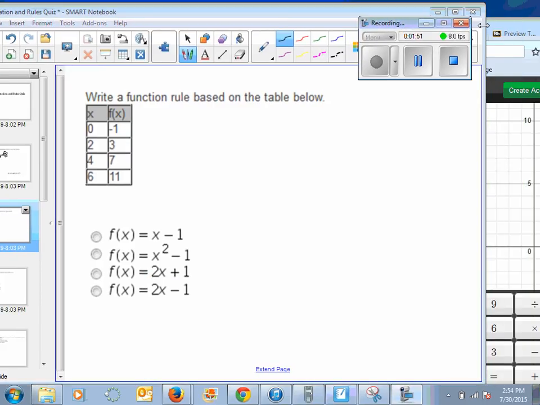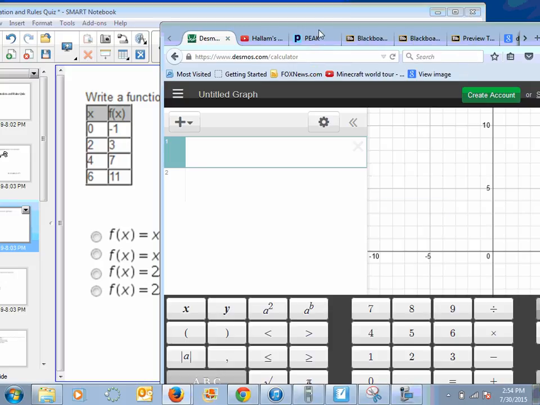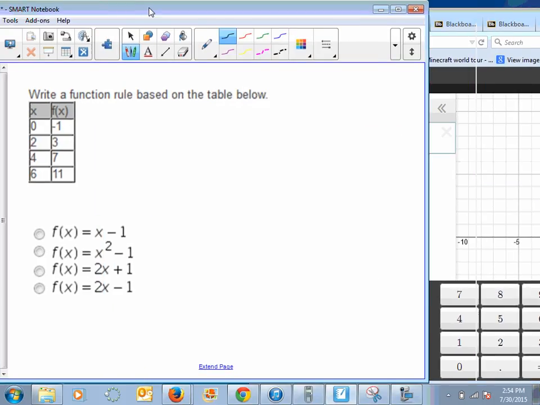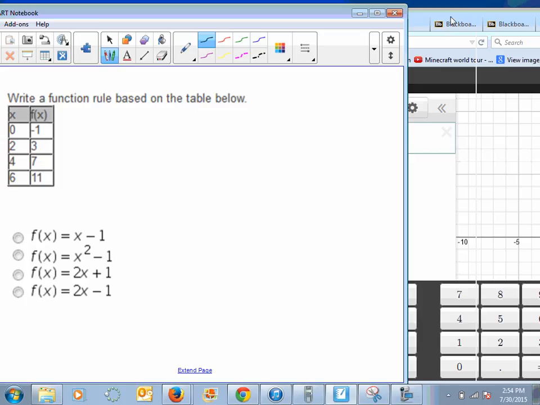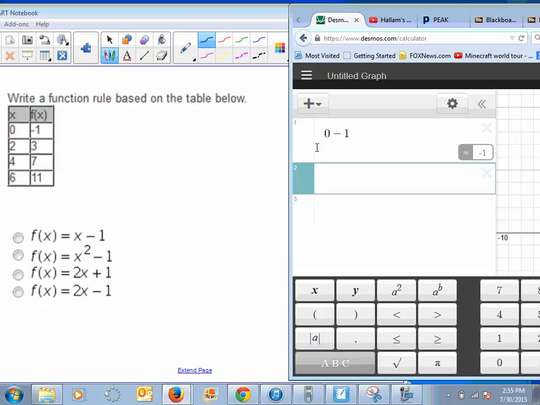To do this, let's use Desmos over here. Let's try something. I'm going to take this first choice, x minus 1, and plug in some values. I'll start with 0, so instead of x minus 1, I'll write 0 minus 1, and we get negative 1, which we should if this is correct.